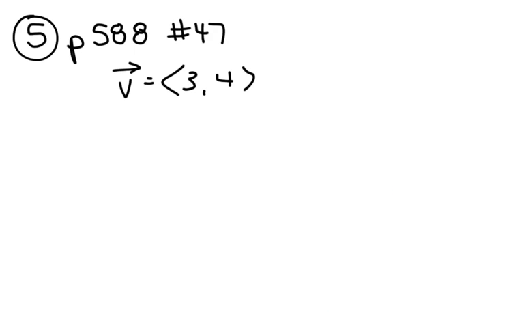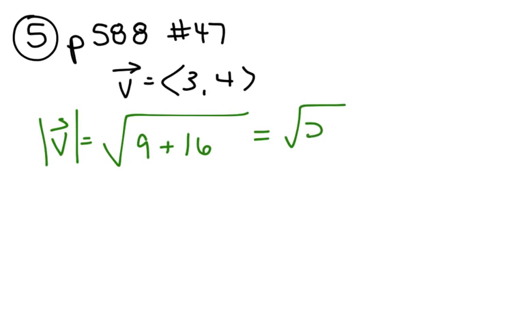In problem 5, number 47 on page 588, we want to find the magnitude and the direction of the vector 3, 4. So magnitude's easy. Magnitude, we just do the square root of 3 squared plus 4 squared. So we're going to find out that the magnitude is 5.